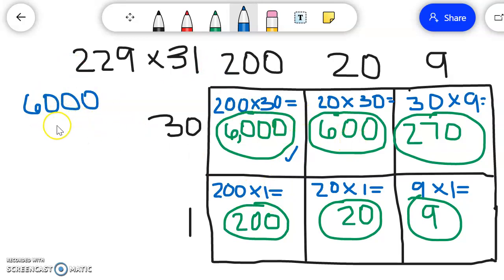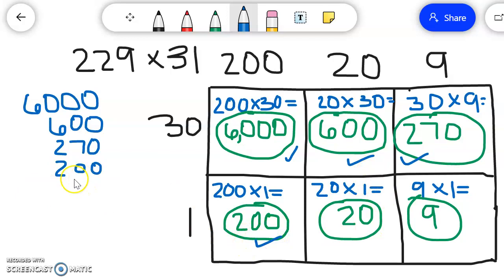So now I have 600 is a 3-digit number. Add that in place value, and then 270, and then 200. Now I have 20 is my 2-digit number, and then 9 is the only 1-digit number that I have.